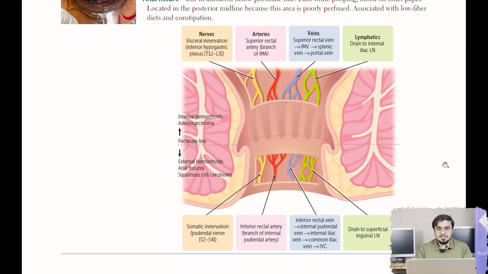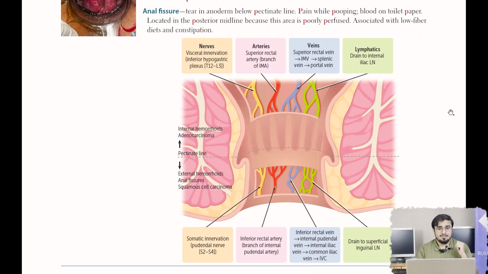USMLE also is gonna test your knowledge about the arterial, venous, and lymphatic drainage of both these areas below and above the pectinate line. So it's very high yield to know how arterial and the lymphatic supply is different for both of these areas.